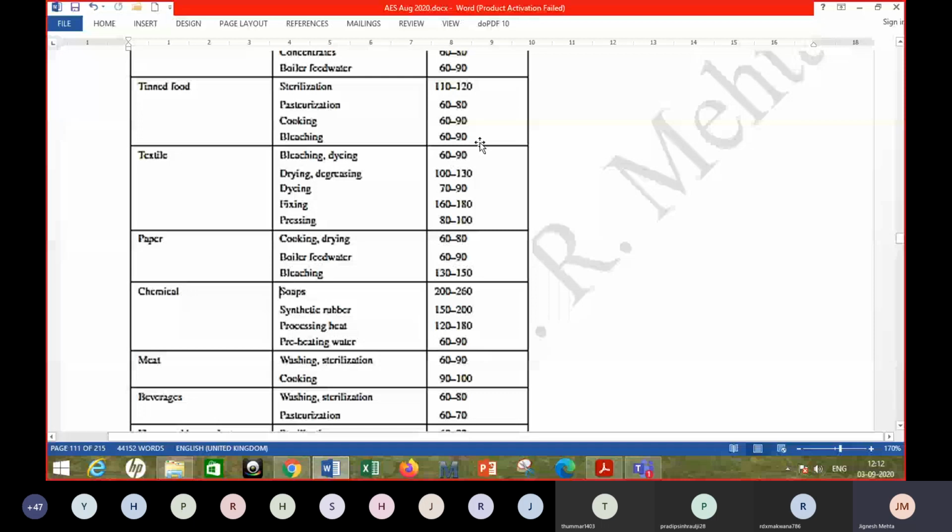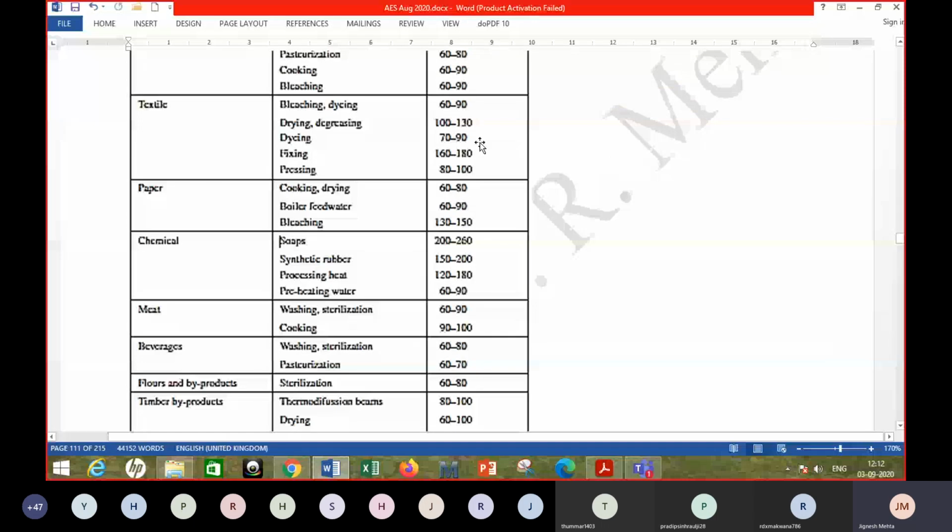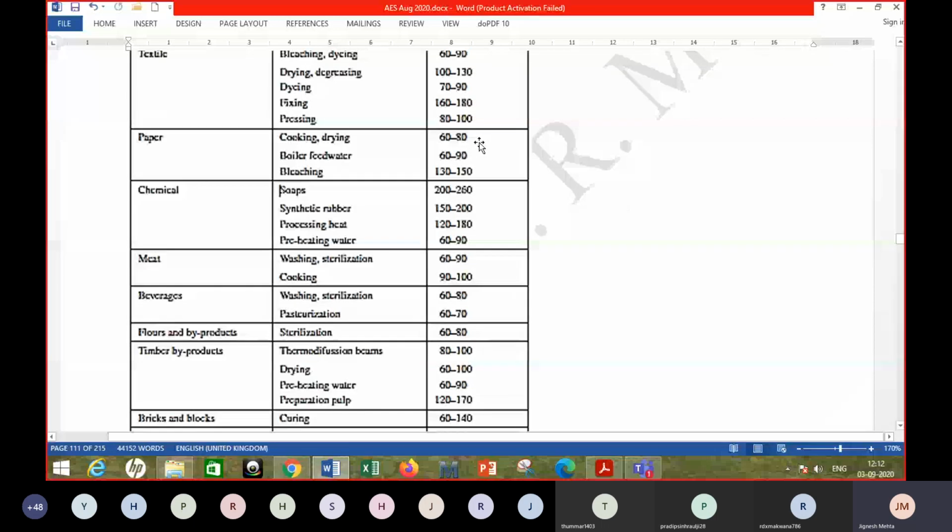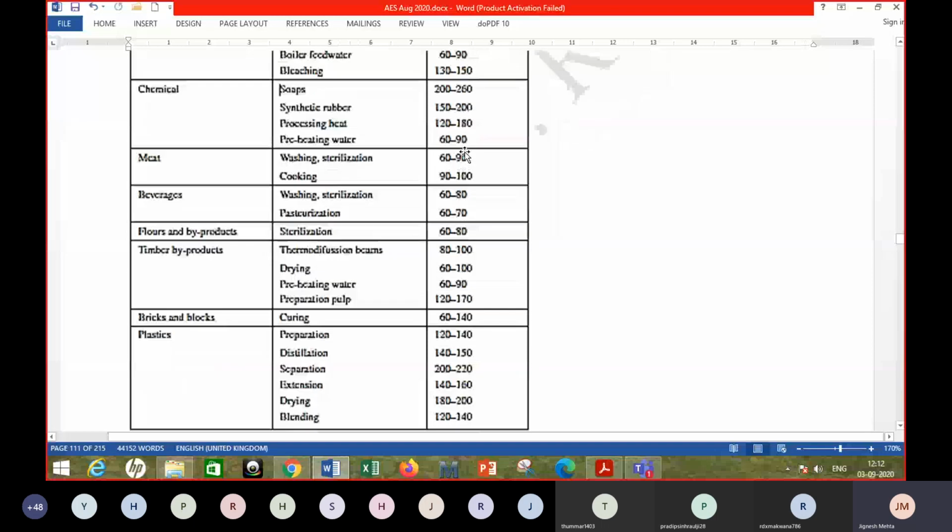So there are many different industries where there is a need for heat, and many of these are not at a very high temperature, so they can be provided with solar collectors, either flat plate collectors, but flat plate collectors do not give you very high temperatures. Up to 60 or 80 it is fine, but when the temperatures required are higher, you need to go for concentrating or focusing type solar collectors.